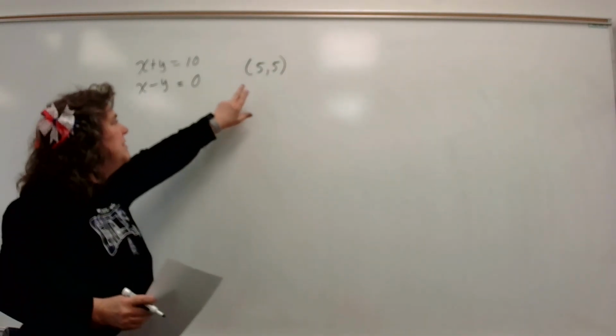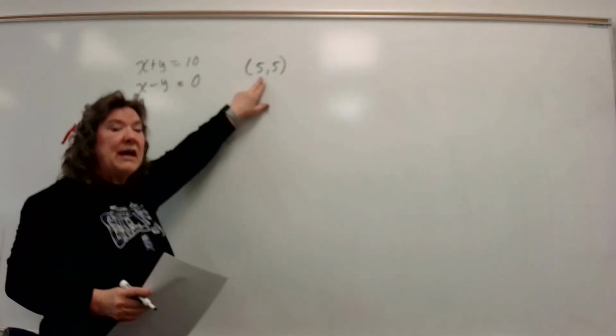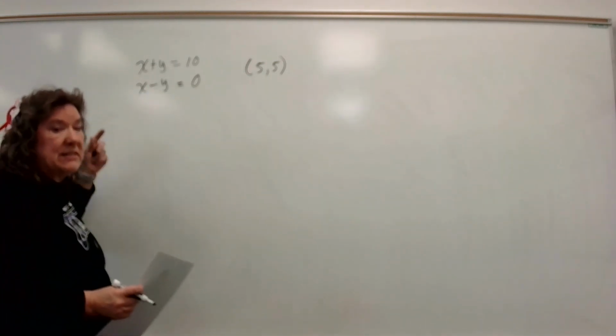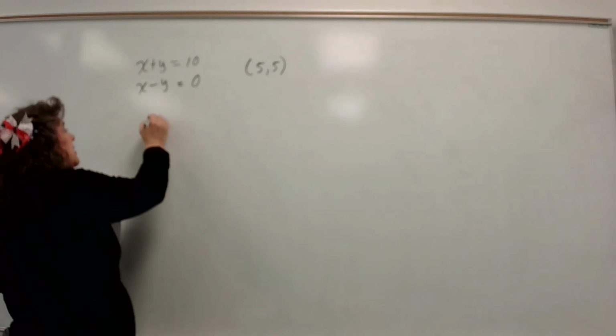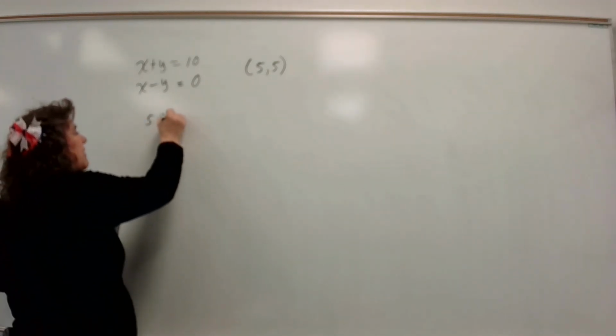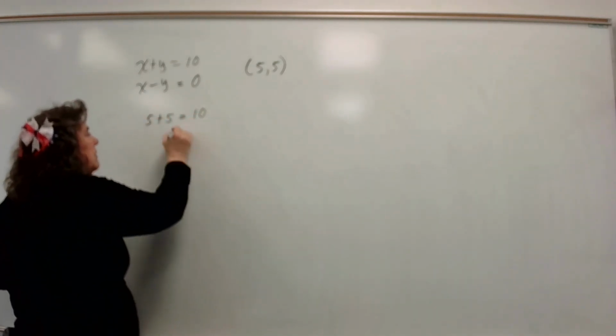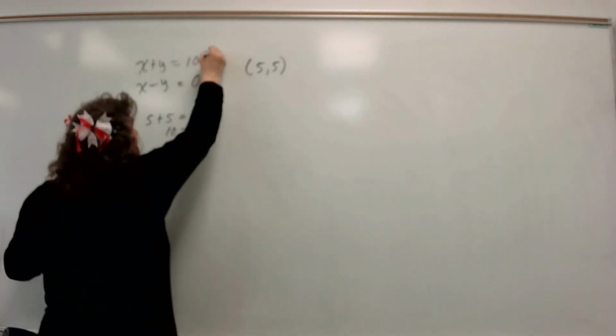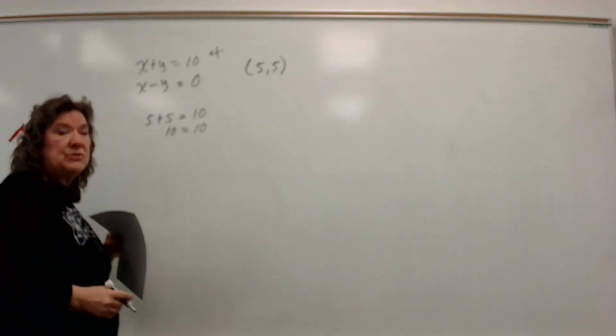It means I have to substitute 5 in for the x and 5 in for the y in each equation and see if it makes it true. So 5 plus 5 equals 10. Yes, 10 equals 10. So that ordered pair is a solution for that one.